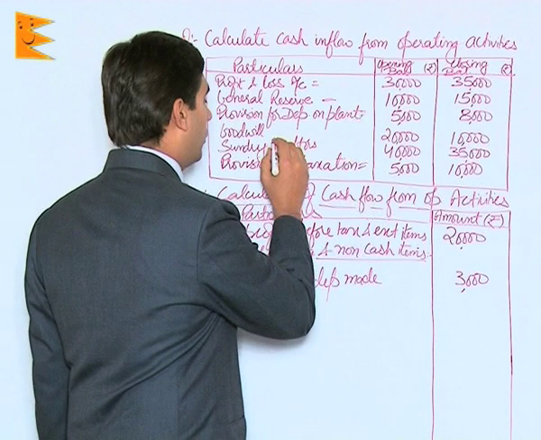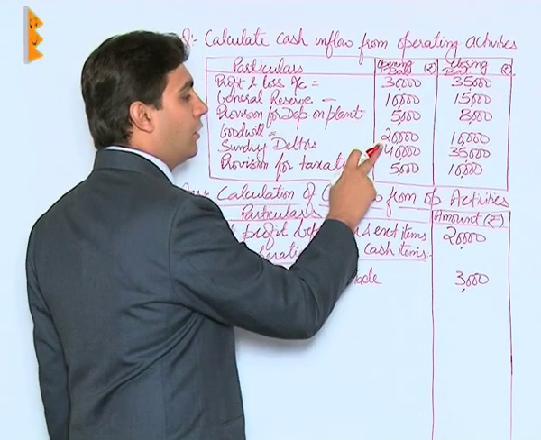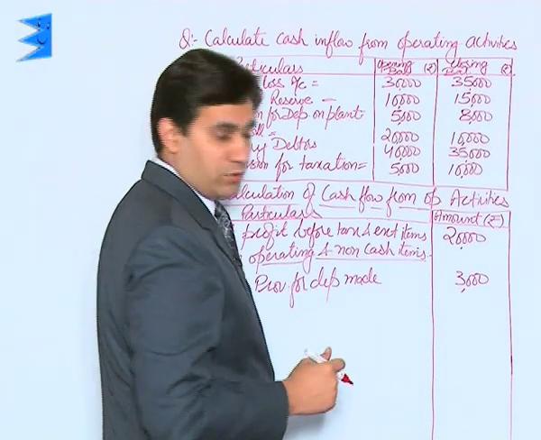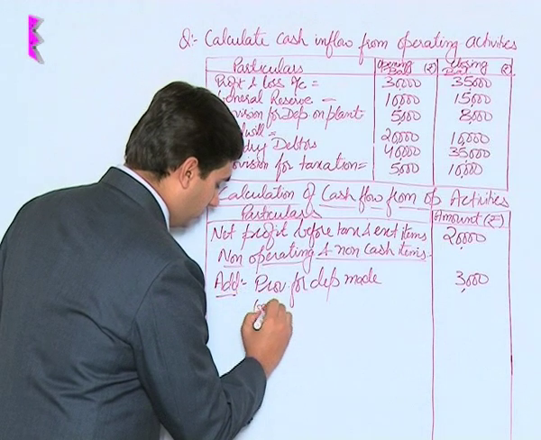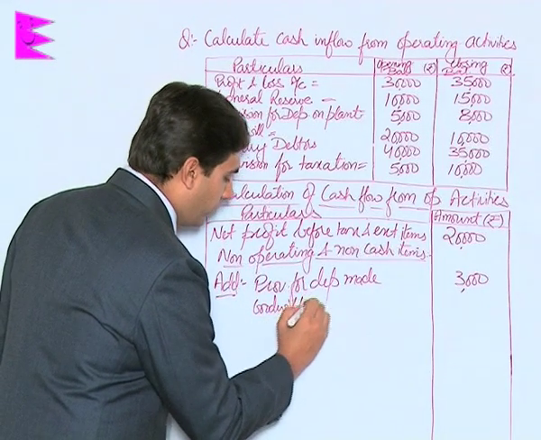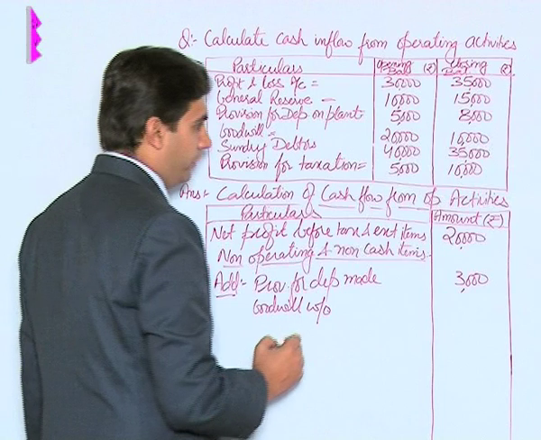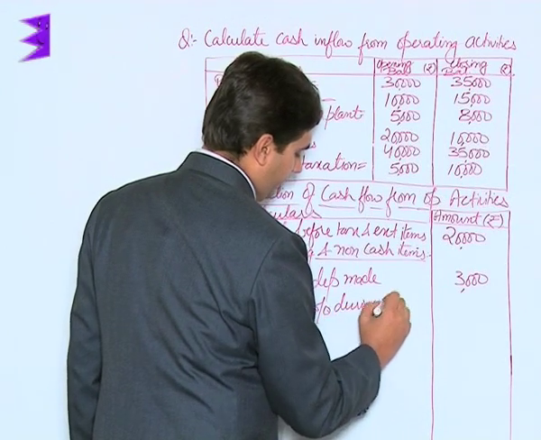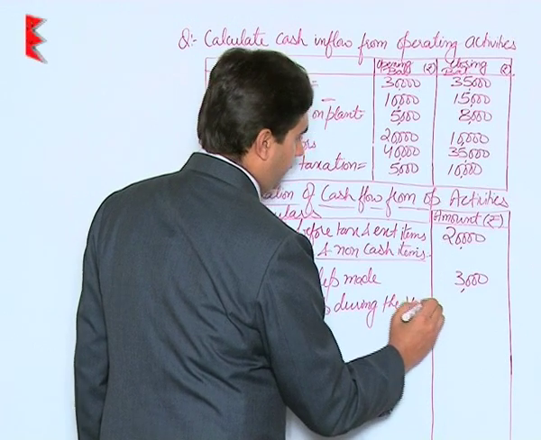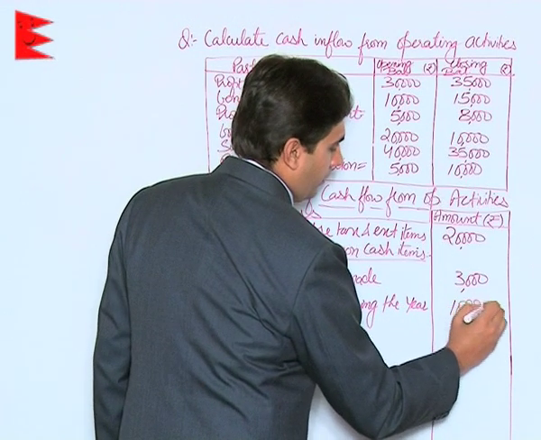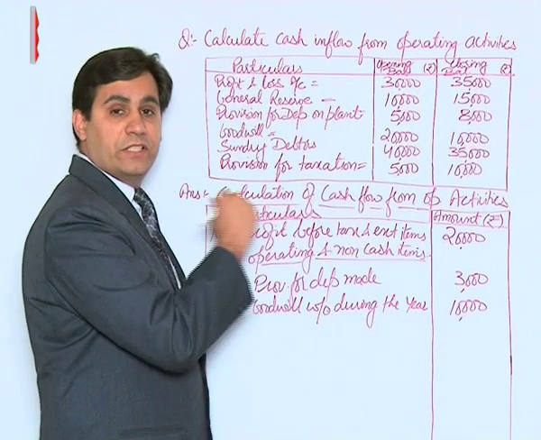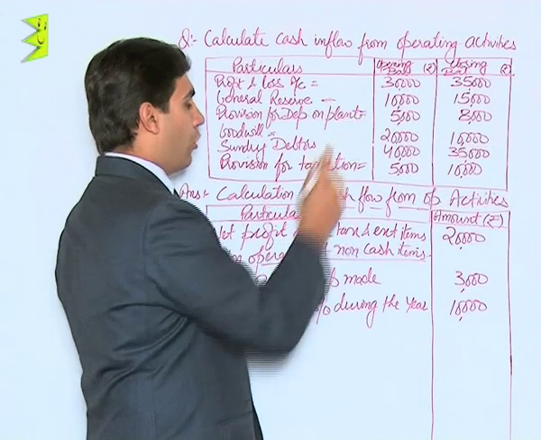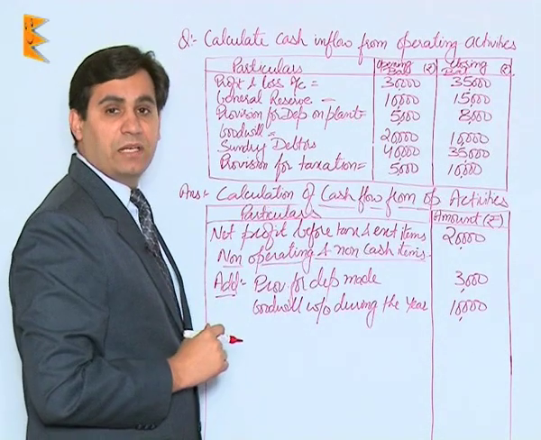Then we have goodwill. Goodwill, the opening balance was 20,000 and the closing balance is given to be 10,000. So goodwill written off during the year, that is 10,000, the difference of these two figures. So now students, we can see that all the non-operating and non-cash items have been accounted for.